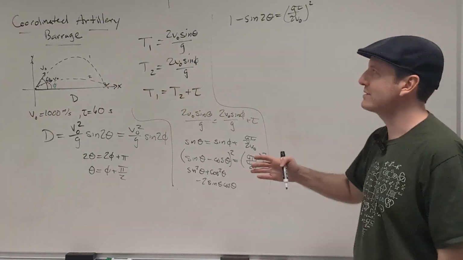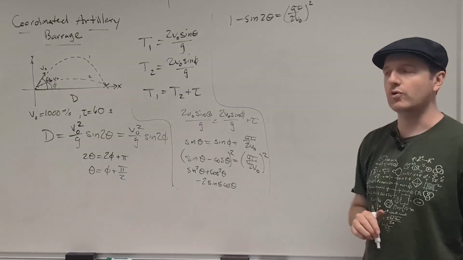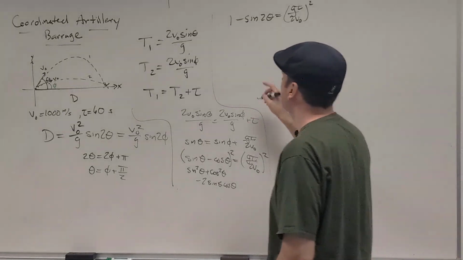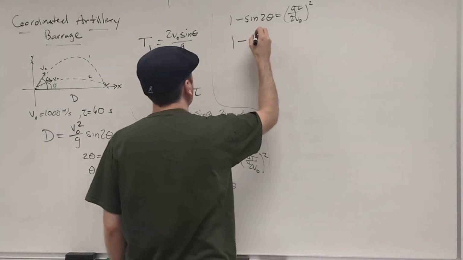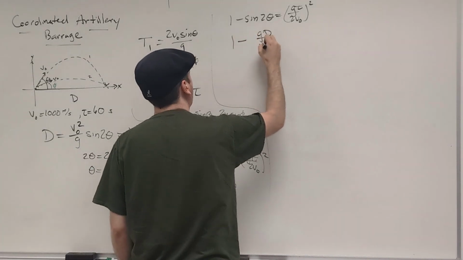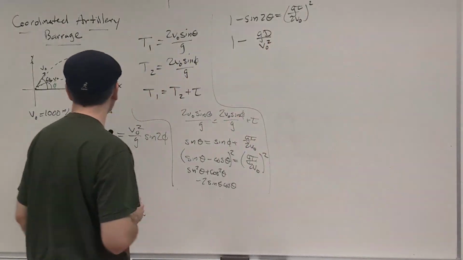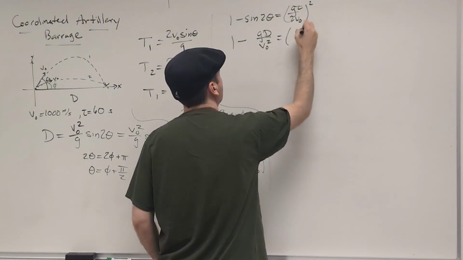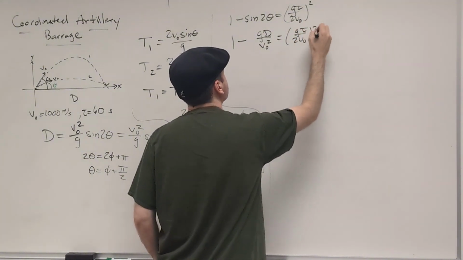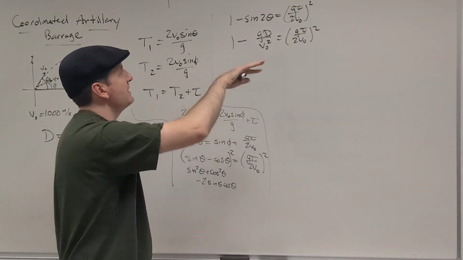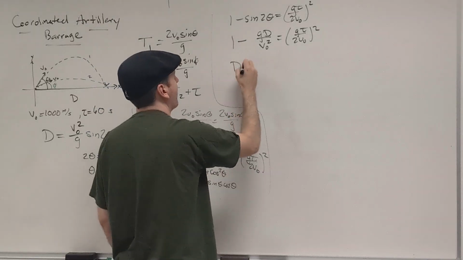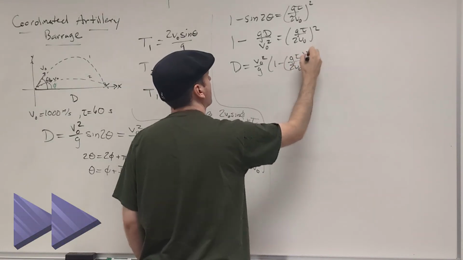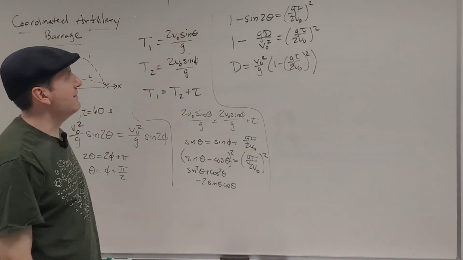It wants to know what is the maximal distance this can go before I can't get this simultaneous landing bit. All right, so there's my sine 2 theta. Solving for d means swapping some things around. And there we have it.